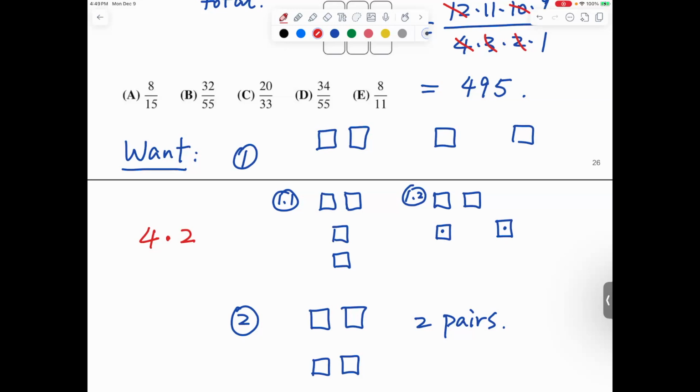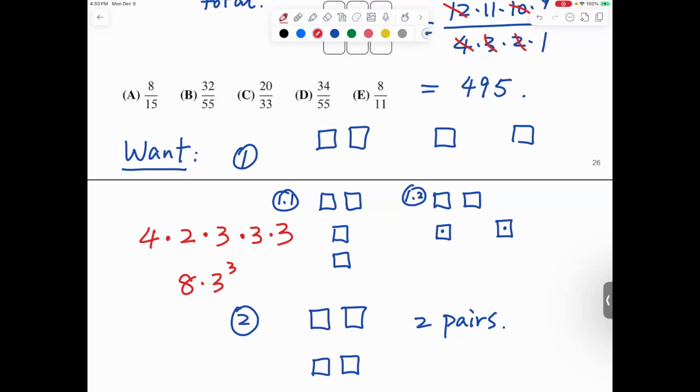Because they do not exist in the same row, we need to choose two rows from the three rows. So there are three possibilities to pick two rows out of three. Once we pick these, we just know the row number, and there are three seats in each row, so there are three choices for each of these seats. So we have 4 times 2 times 3 cubed. So it's 8 times 3 cubed. This is case 1.1.